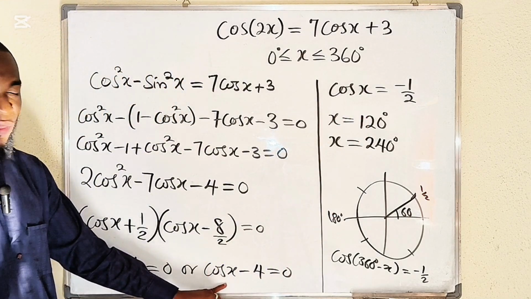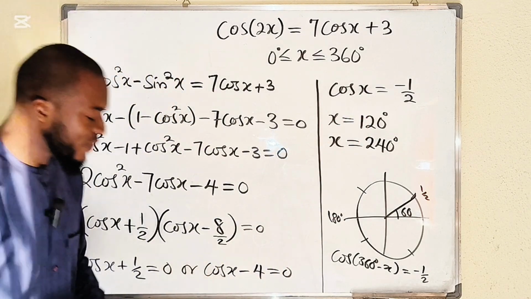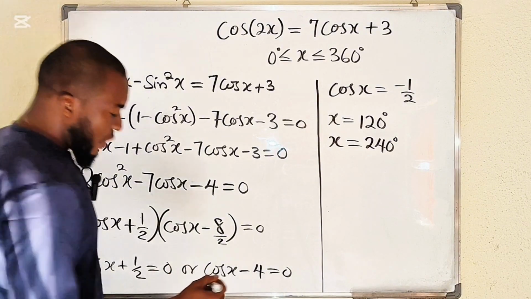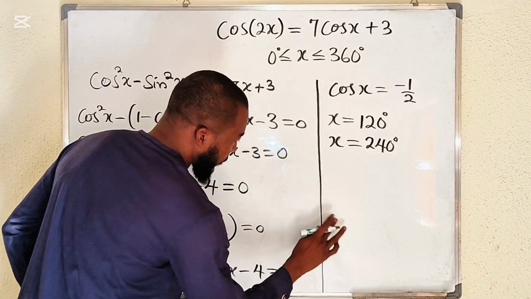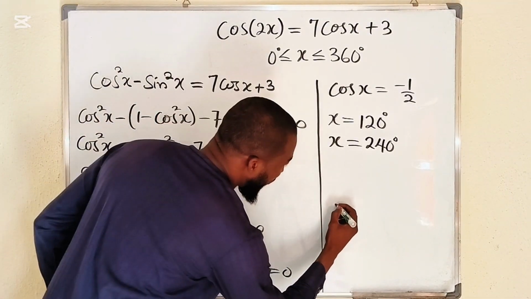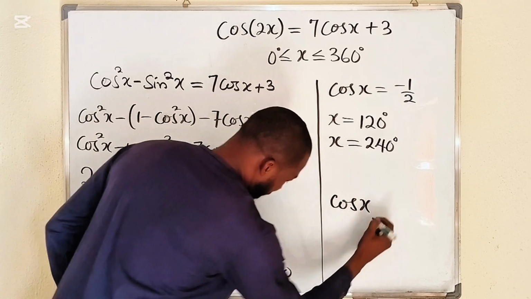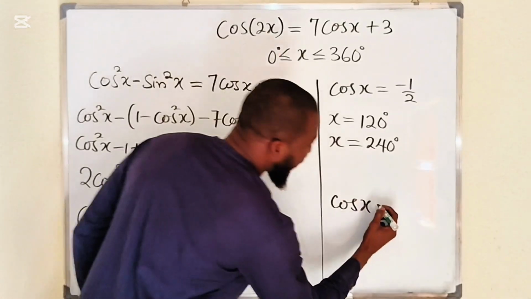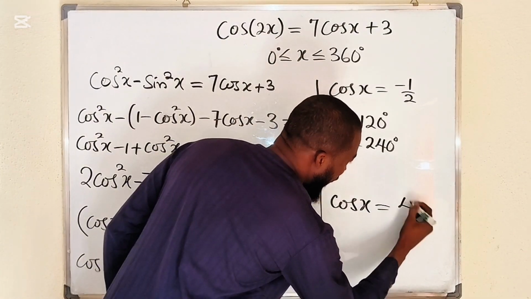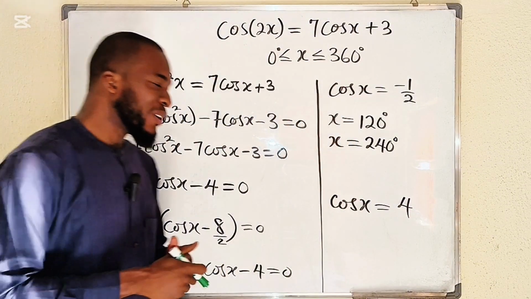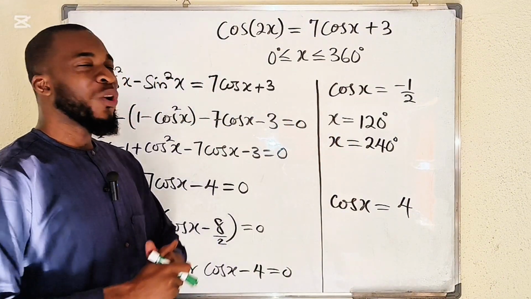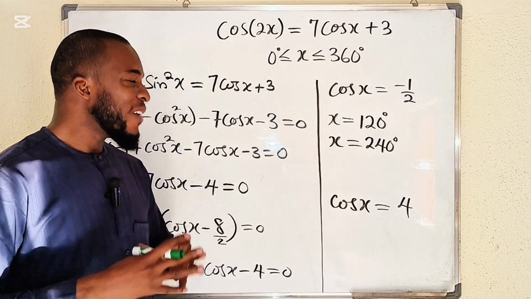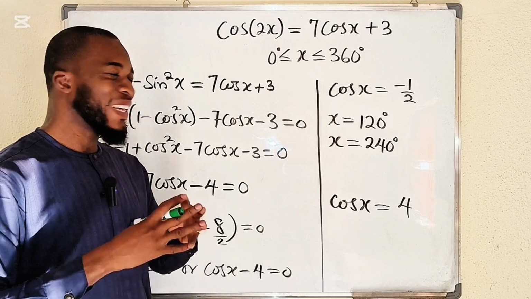But remember, we have another one here. And how do we solve this one? So we have cosine of x as -4 crosses over, it becomes 4. But there is a problem. Cosine of any angle will never return a value greater than 1.